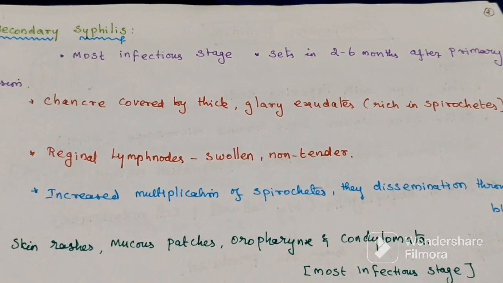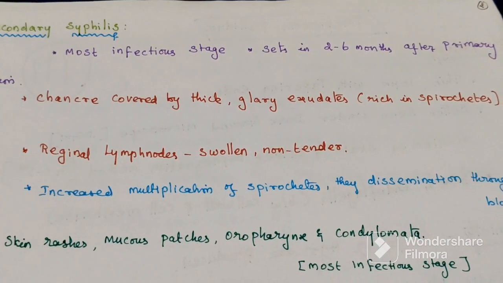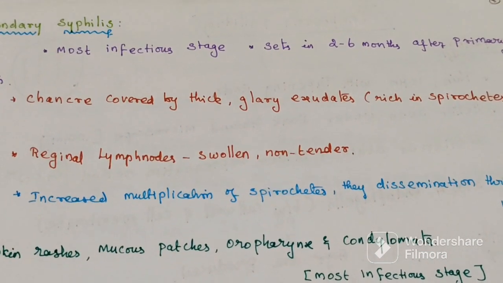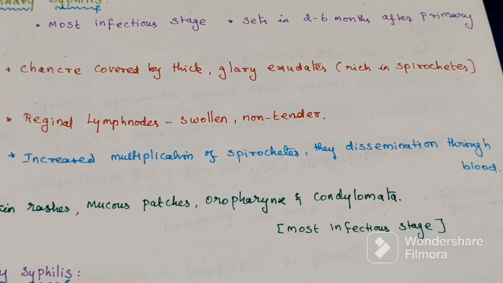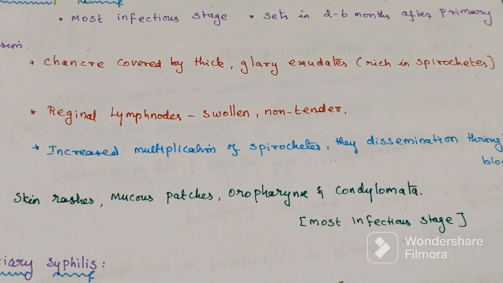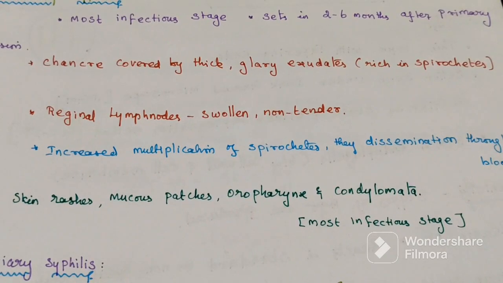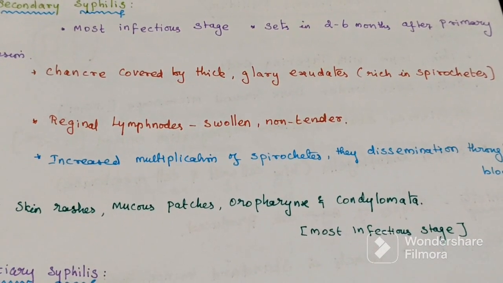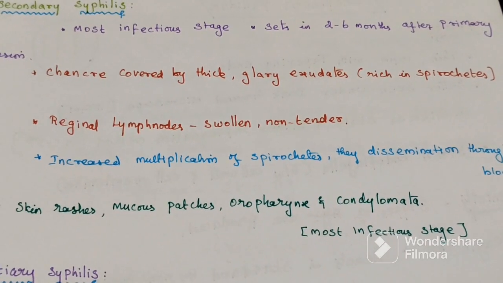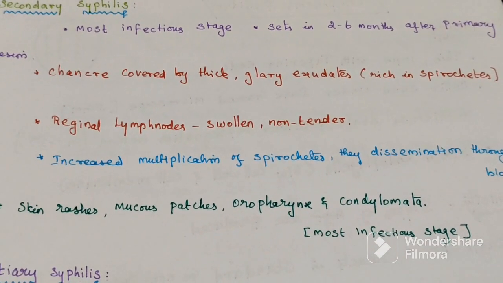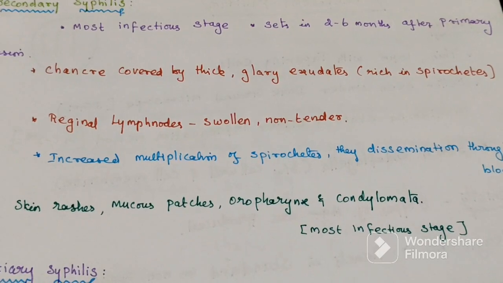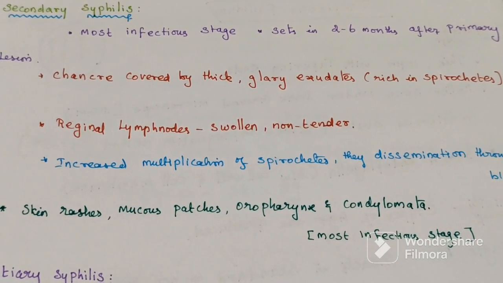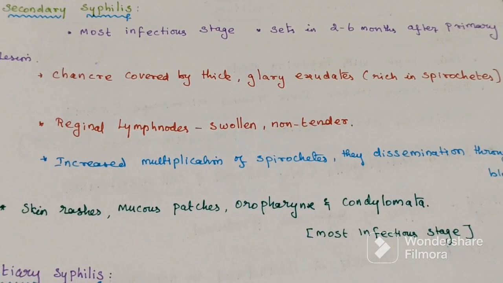The characteristic lesions are papular skin rashes, mucous patches in the oropharynx, then condyloma, or maculopapular rashes in the skin fold area.